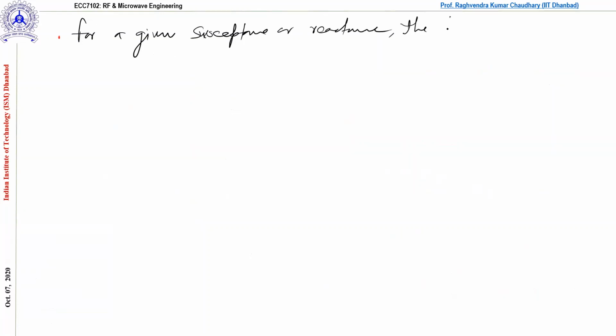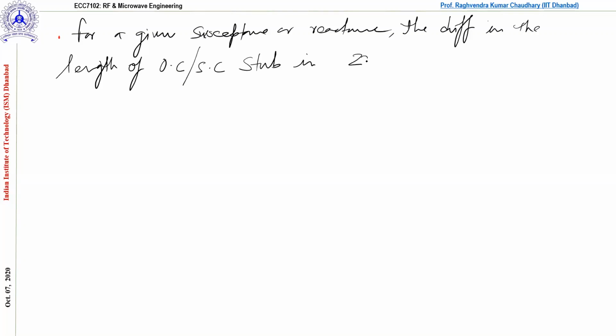The difference in the length of an open circuit or short circuit stub is (2n plus 1) lambda by 4. Fine.